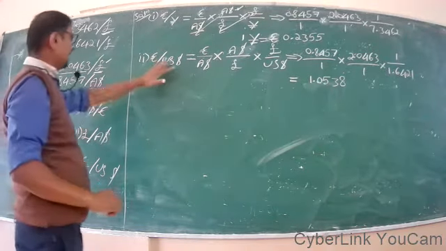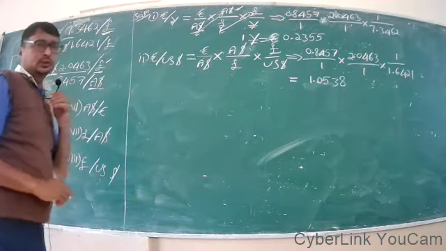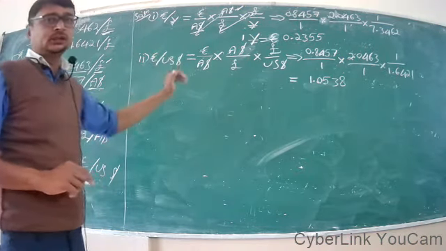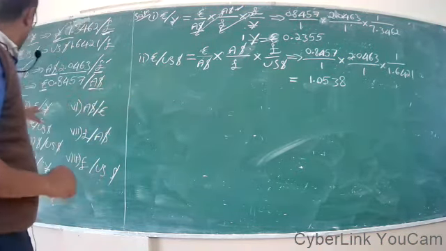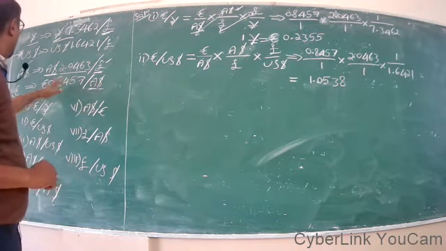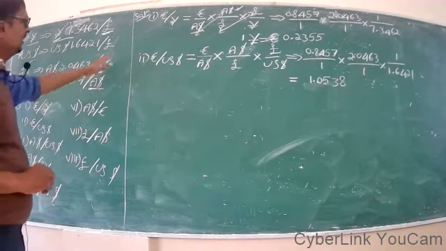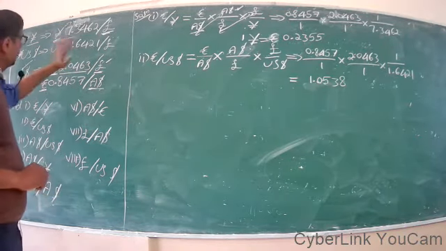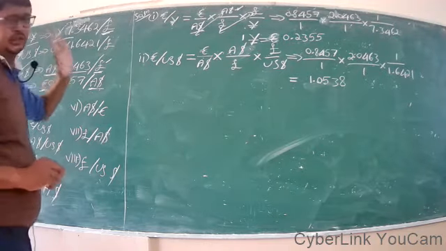That's why in the second question they are asking you to establish the relationship between euro and US dollar. So the one quotation we need is euro per Australian dollar. The second quotation we need is Australian dollar per sterling pound. Then we can convert it to US dollar per sterling pound.